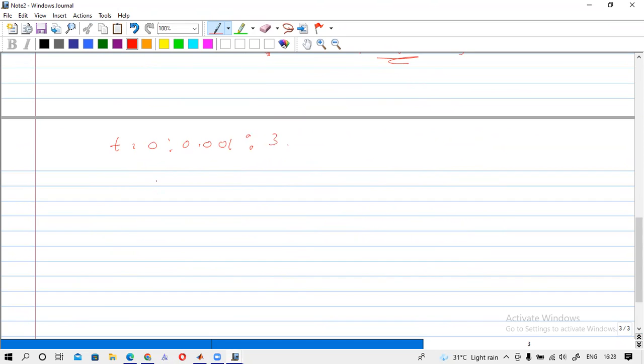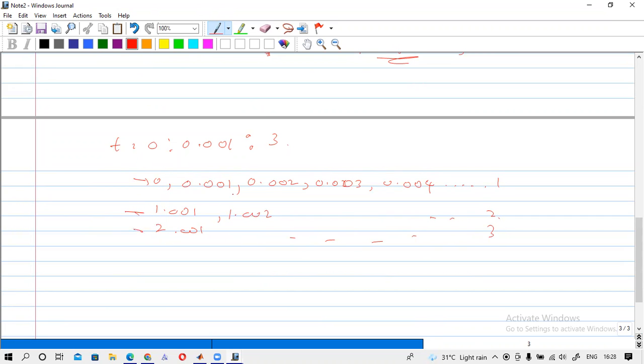Then I will have first 0, then 0.001, so I have a 0.001 step. The second one is 0.002, 0.003, 0.004. Likewise I will get up to 1, then 1.001, 1.002, up to 2, then 2.001, up to 3. So I will have this many values.